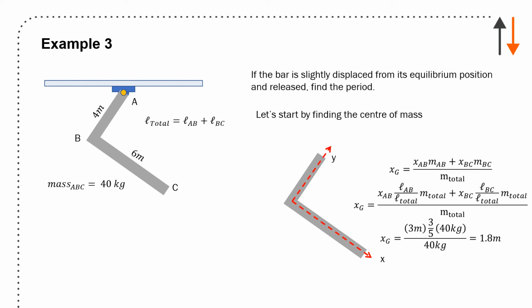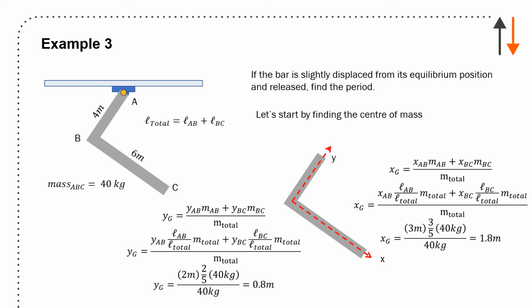I can substitute in all of this and get xg, which is x_AB M_AB plus x_BC M_BC over the total mass. Substituting all the terms in and recognizing that the link AB is located at x equals 0, I only have to worry about the center of mass of BC, and xg is equal to 3 meters to the center of mass and 3/5 of 40 kilograms over 40 kilograms, and that equals 1.8 meters.